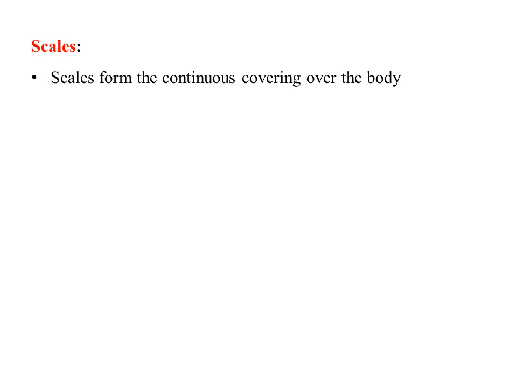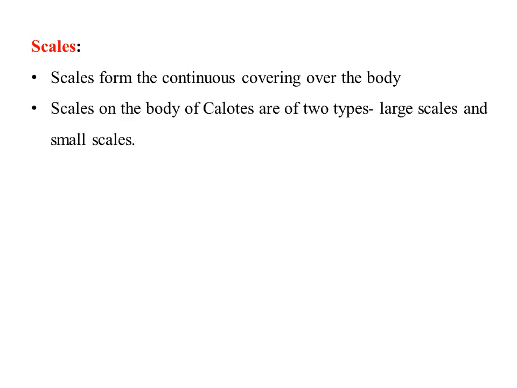Next, scales. The scales are of exoskeletal origin. The scales form a continuous covering over the body. So the body is completely covered by the scales, and the scales on the body of the Calotes are of two types. One is the larger scales, and another one is the smaller scales.